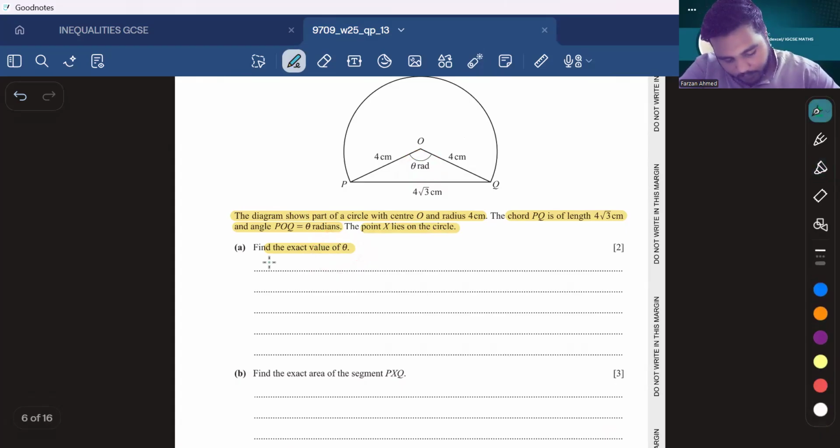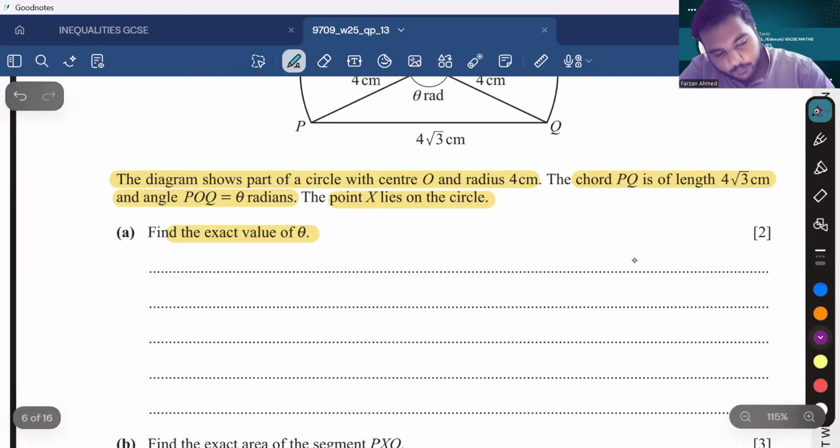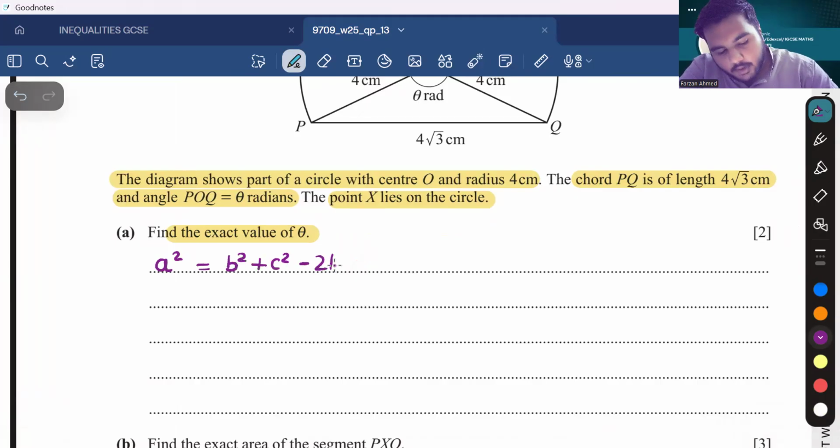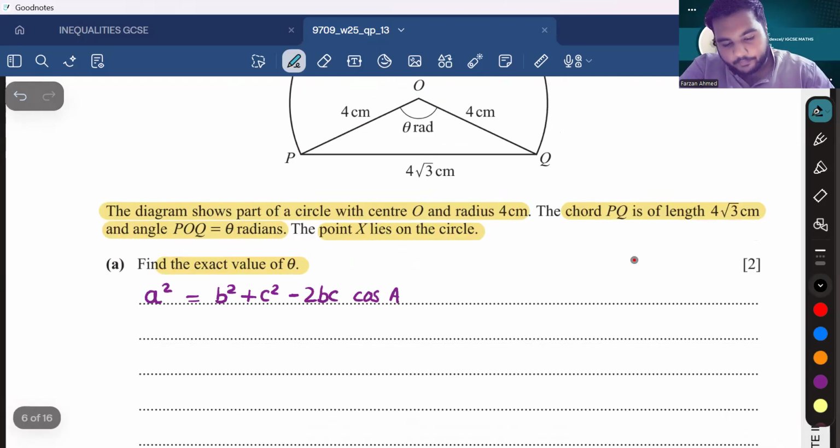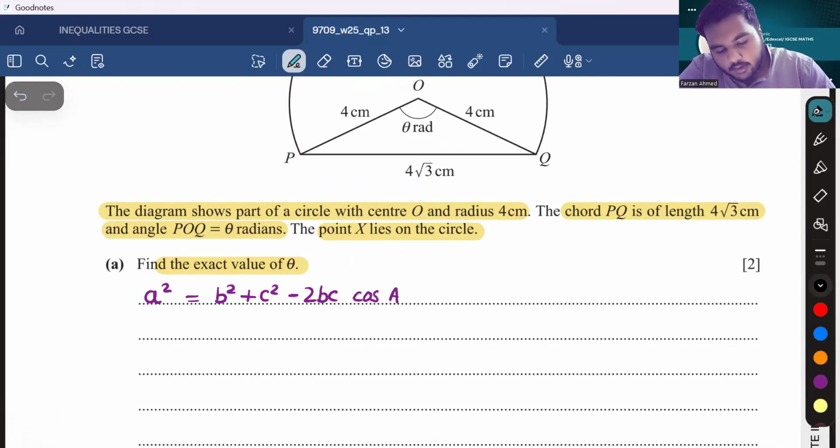The formula for the cosine rule is a square is equal to b square plus c square minus 2bc cos of capital A. This capital A is this. So what is small a? This is the small a. This is small c and this is small b.